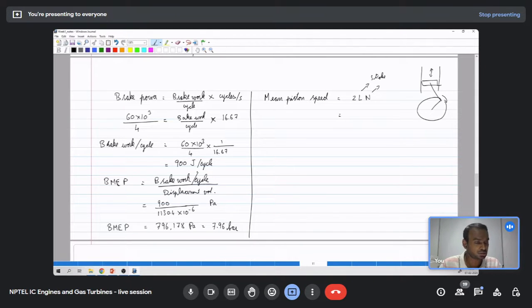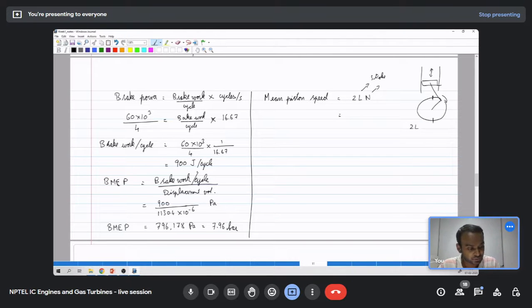The piston moves up and down, and it moves by a distance of 2L for every revolution, right? Because for one revolution of the crankshaft, the piston moves from top dead center to bottom dead center and then goes back to TDC. So for every revolution of the crankshaft, the piston moves a distance of 2 times the stroke length.